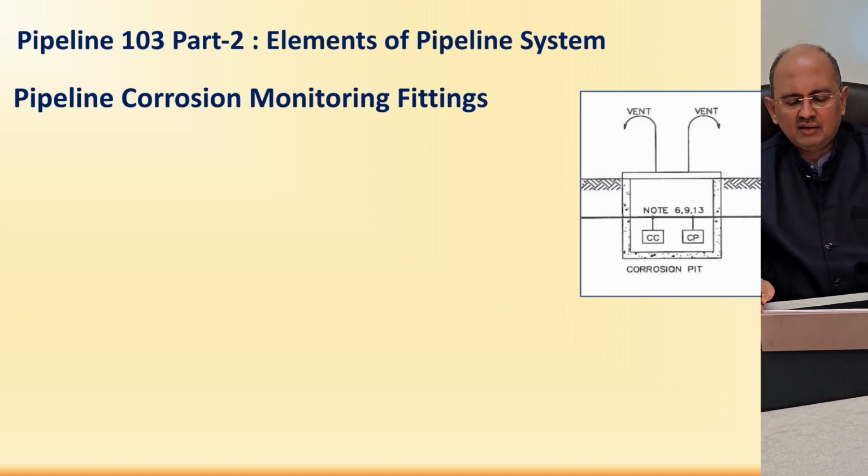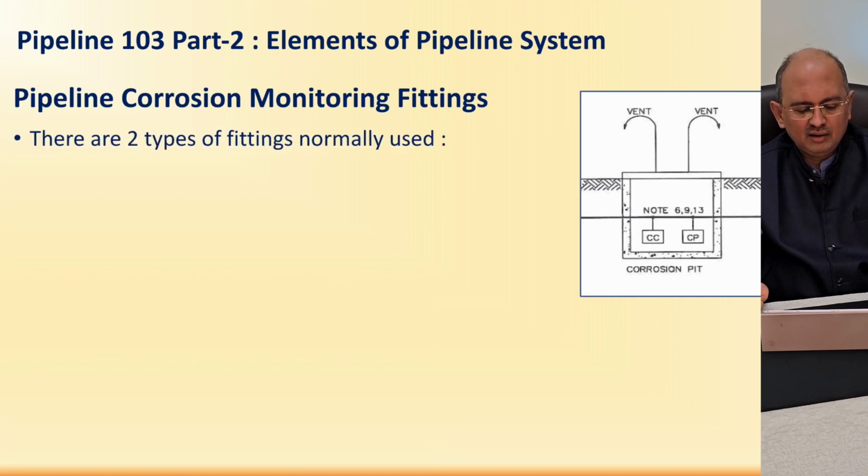So in the pit, what is used is a corrosion coupon and a corrosion probe. These are two types of monitoring fittings installed from the bottom of the pipeline. They are basically welded to the pipeline, and a hole is punctured in the pipeline, and the probe is installed. I will show you also how they look.